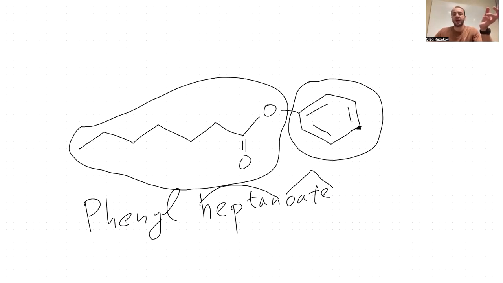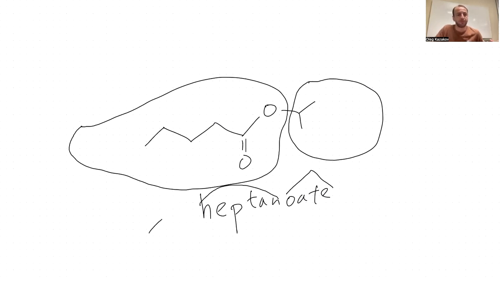So phenyl heptanoate. Now let's make some additions, not challenges, right? So maybe this one. Okay, great, I just did it. Let's take a look at this one, and here we have our famous isopropyl, right? So the name will change, but the principle will remain, the backbone of the name, the sequence in the name will stay. Instead of phenyl, now we identify this as isopropyl.